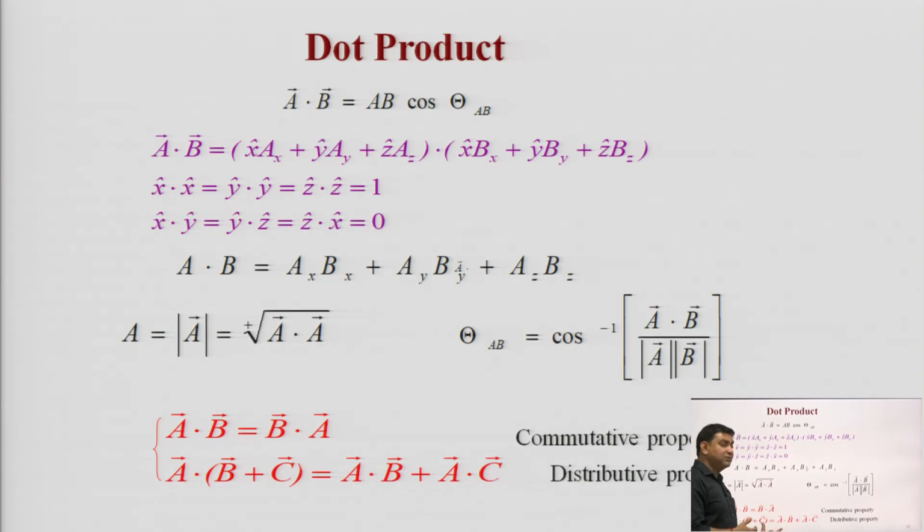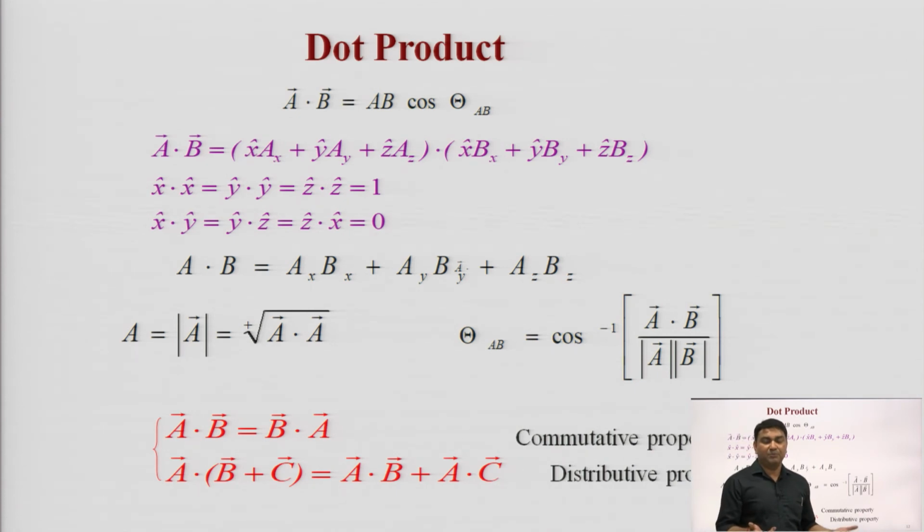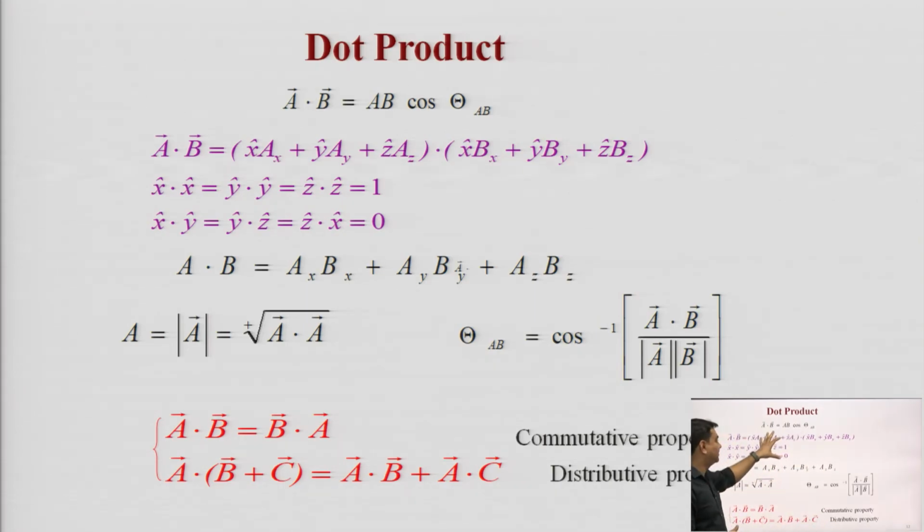The distributive property says that A dot (B plus C) is equal to A dot B plus A dot C. Both will be the same. Okay. So in this description we have also defined the dot product in a more interesting manner.